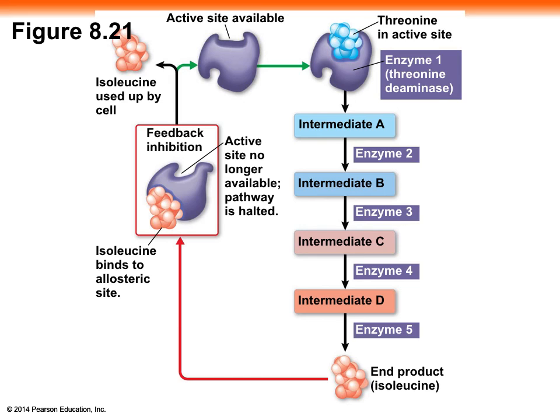But if we have isoleucine in the way inside the active site, then we'll slow down the actual reaction that it initially started. This is called feedback inhibition, one way that cells can regulate the rate at which they make products. And that concludes the introduction to metabolism.